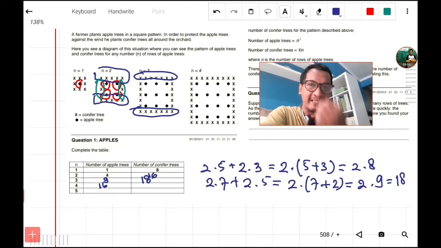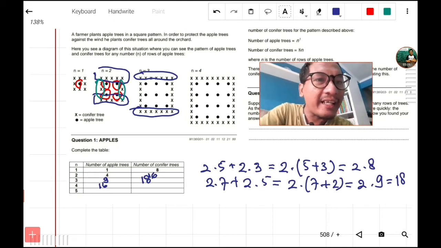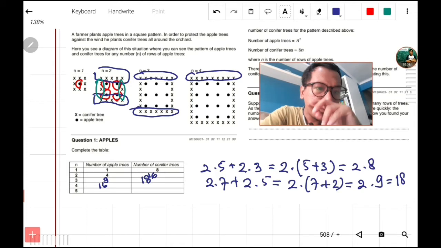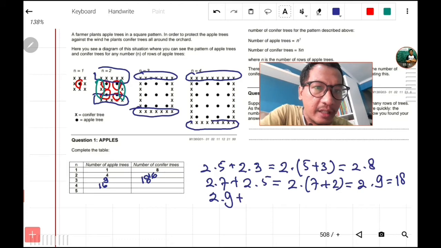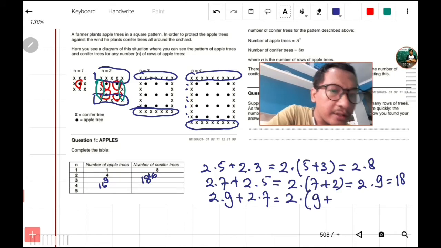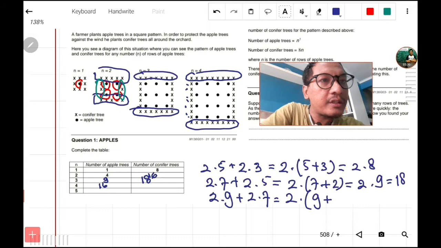If you're not confident, let's count again: 1, 2, 3, 4, 5, 6, 7, 8, 9. Oh sorry, I think I got this wrong.